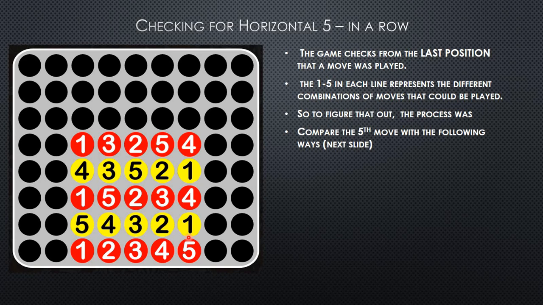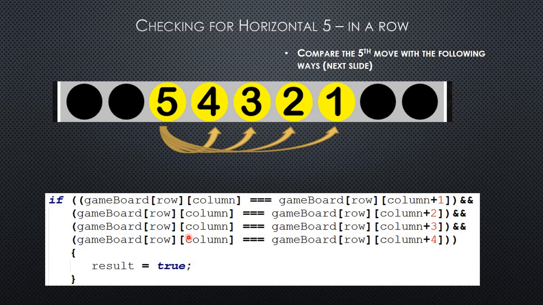So what I've done is, for this one we're checking +1, +2, +3, +4 because this is the 5th chip. That last one is dropped, so you want to check the 4 to the right of it.